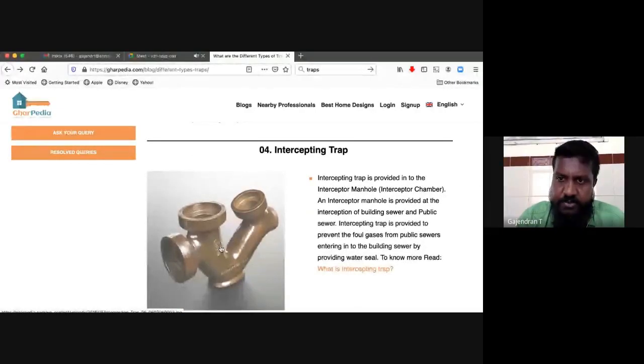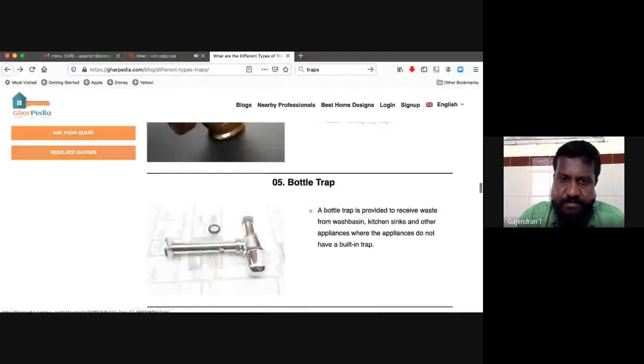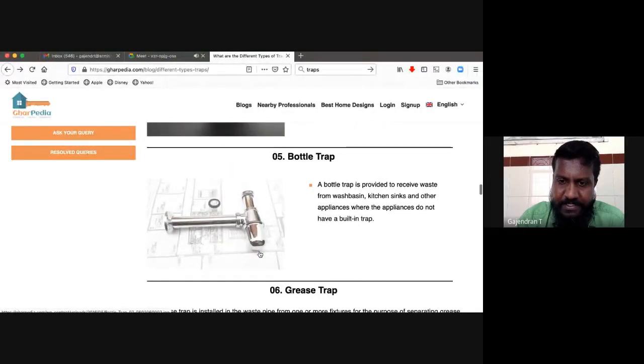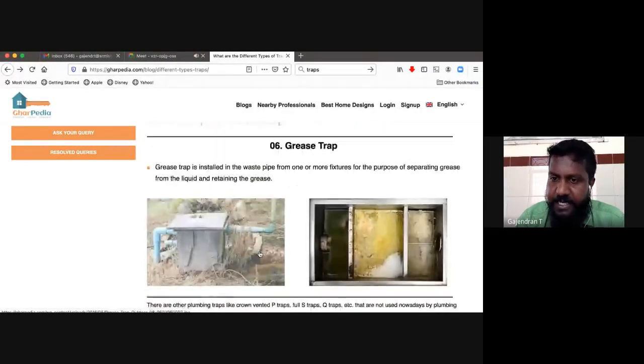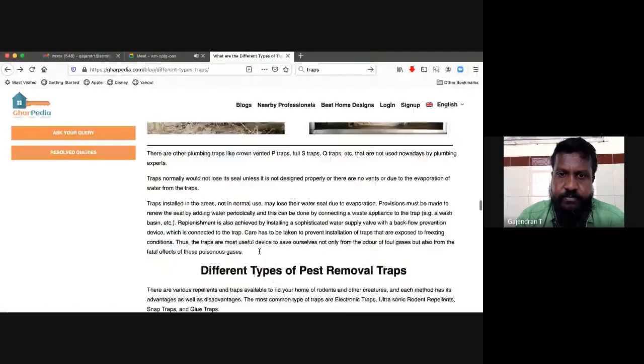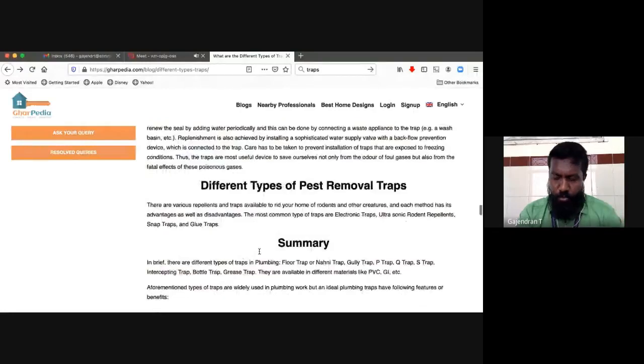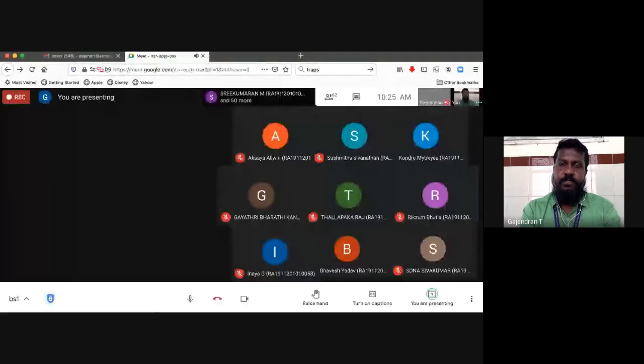Intercepting traps. Bottle trap is what we see beneath the wash basins. Grease trap we just saw.